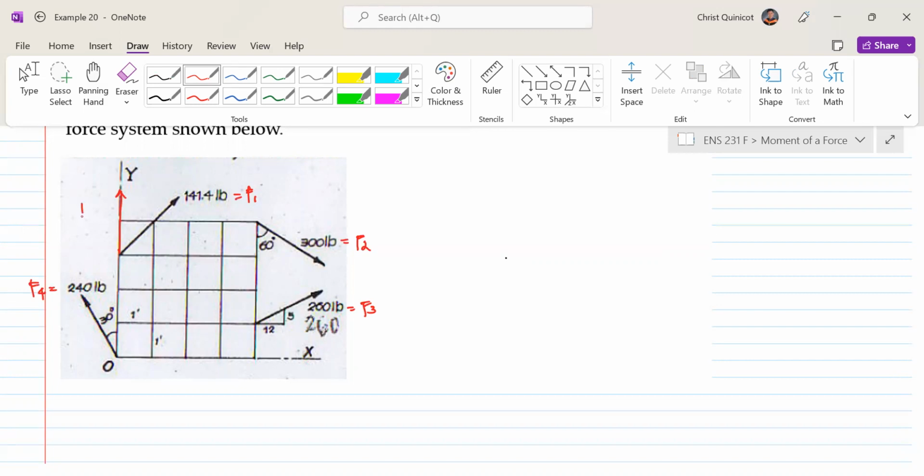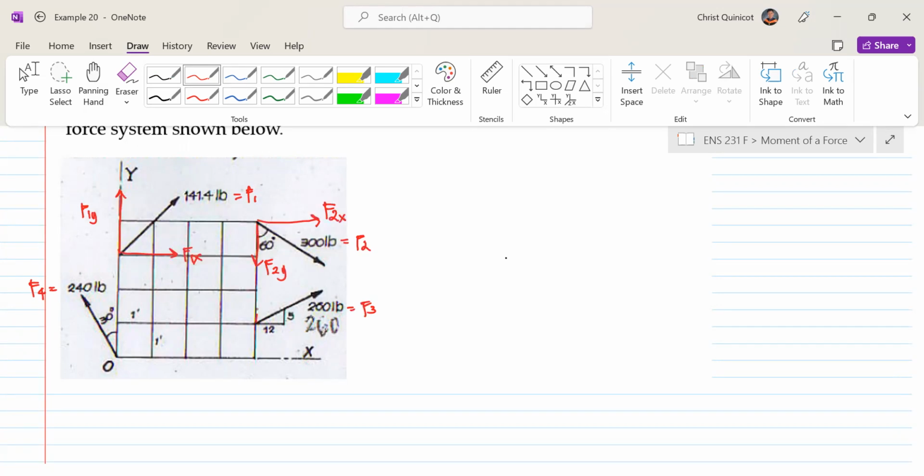Okay, so we have F sub 1y going up, F sub 1x is to the right. We have F sub 2y going down. This is F sub 2y. And F sub 2x is to the right.